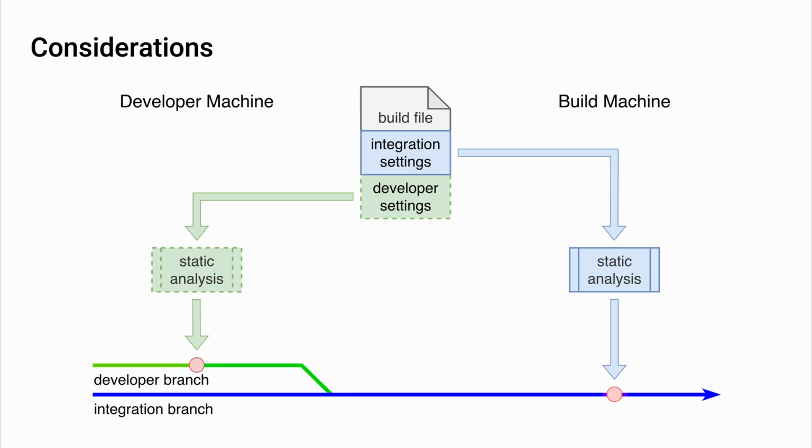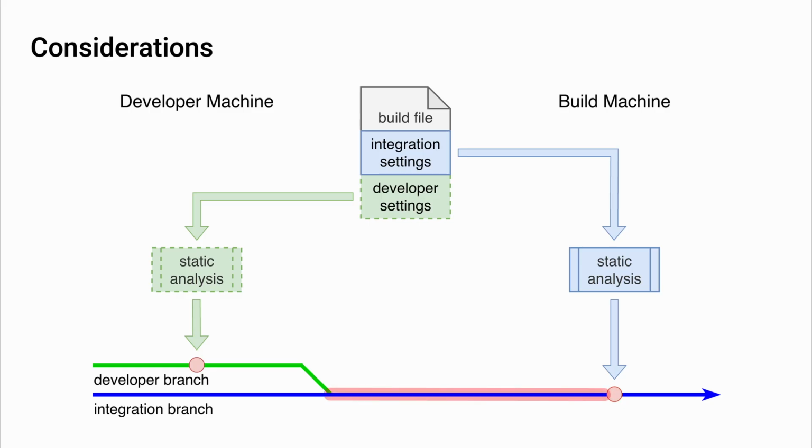And regardless of which approach is used, if you're using static analysis, stories should not be closed until after the static analysis at the integration level takes place. It's not sufficient to run static analysis locally. We don't want a workflow where the developer makes a change and after running static analysis locally, which passes cleanly, merges their branch into the integration branch, closes their story, and moves on to other tasks.